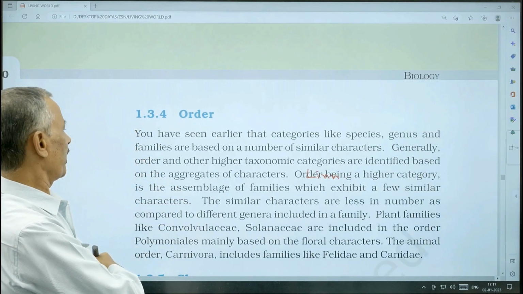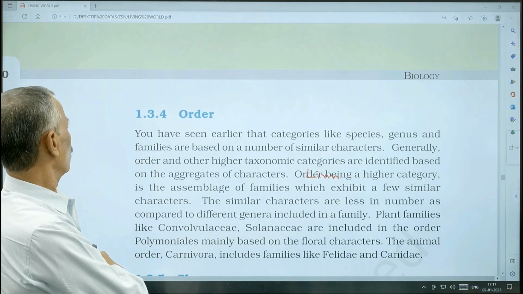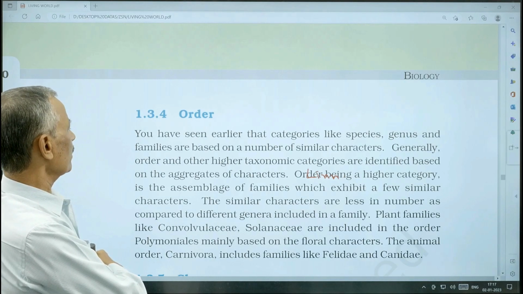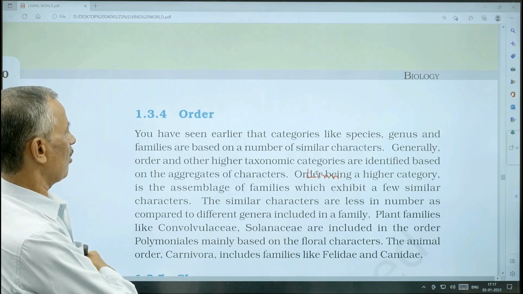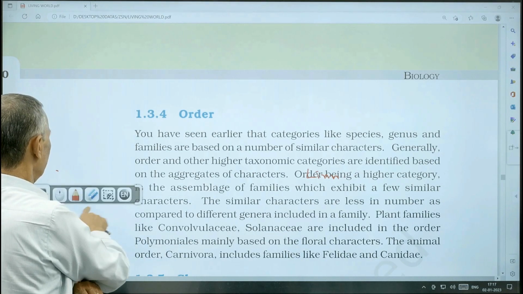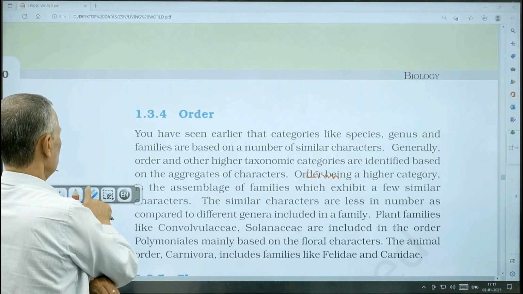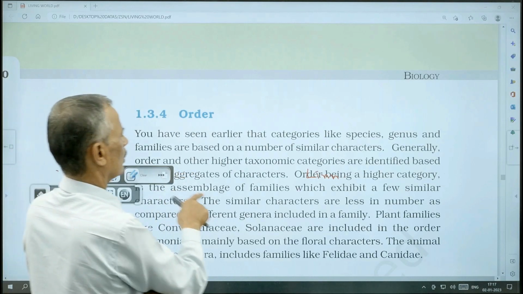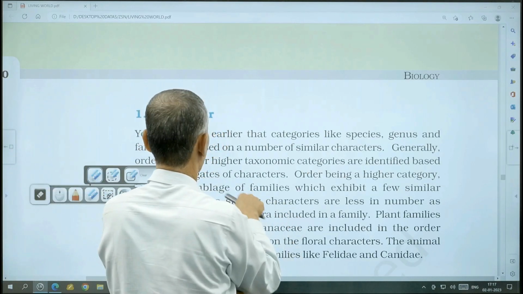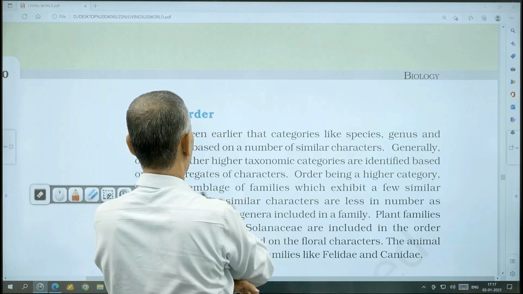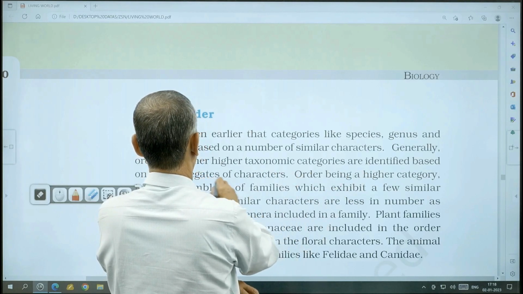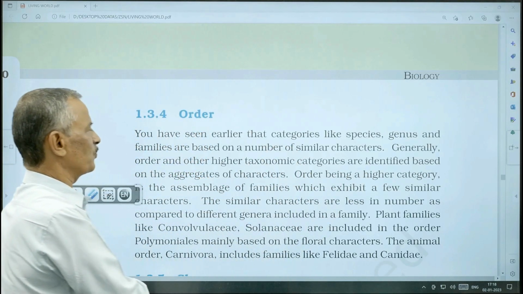Order and other higher taxonomic categories are identified based upon an aggregate of characters.